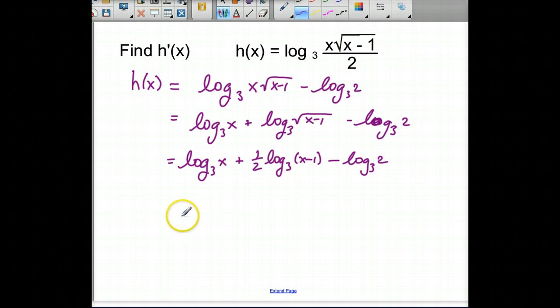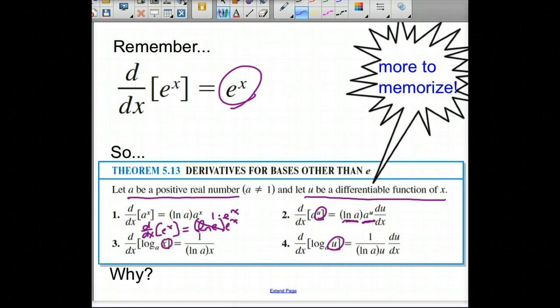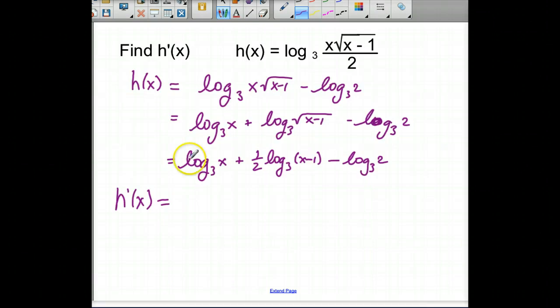Right now we can take the derivative using our derivative rule that we just learned. This rule right here. So it's 1 over natural log of a times u and then times the derivative of u. So 1 over natural log of a times u and then times the derivative of u, which would just be 1.